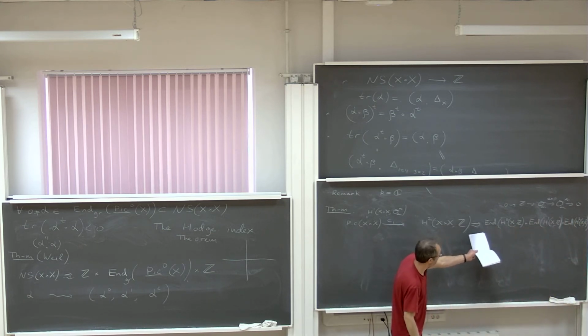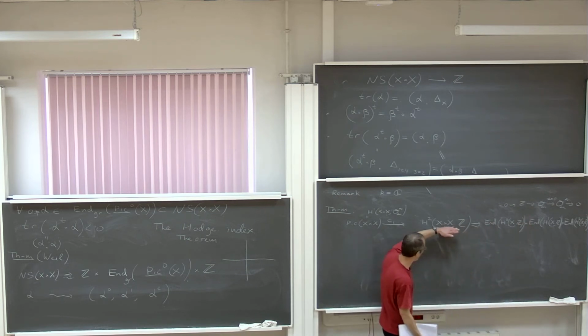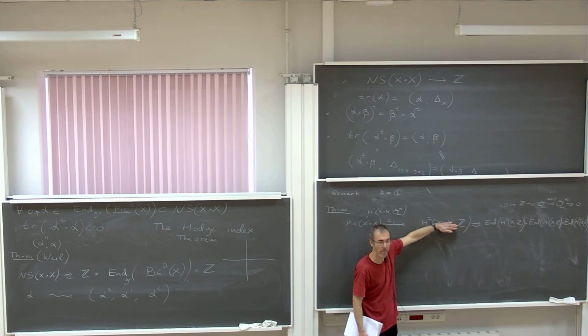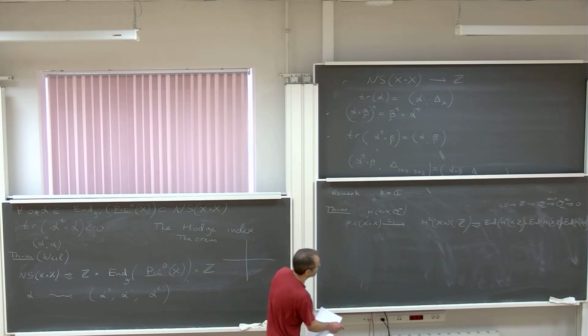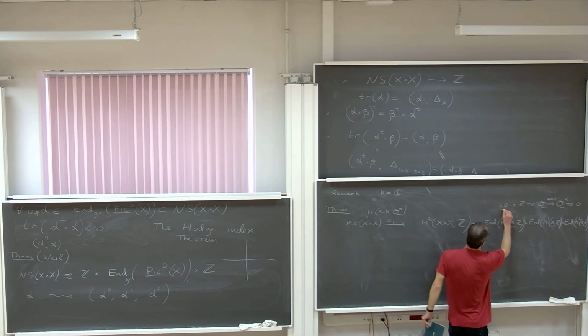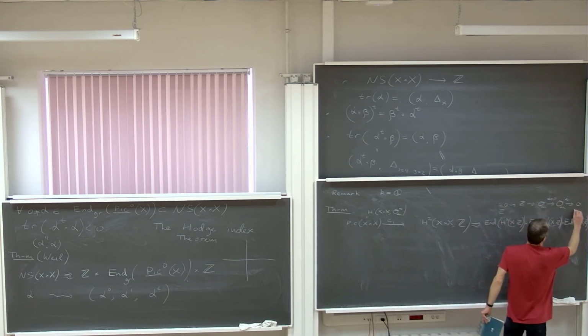Again, I explained this last time. It's straightforward. You just use the Künneth decomposition together with Poincare duality on X. Does it make sense? So this group is Z, of course. This group is also Z. Well, this group is also Z.